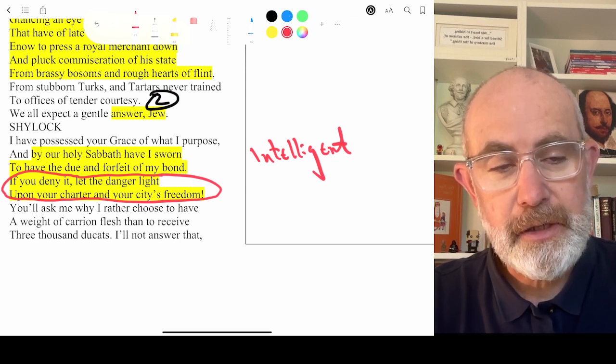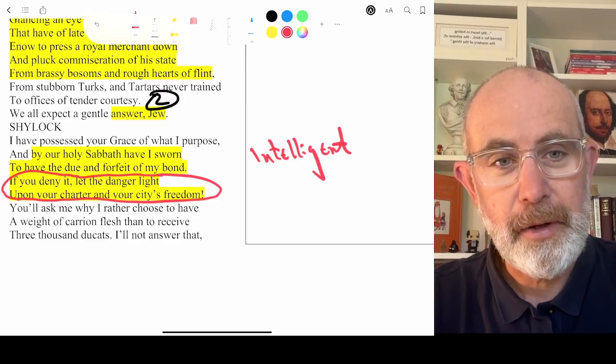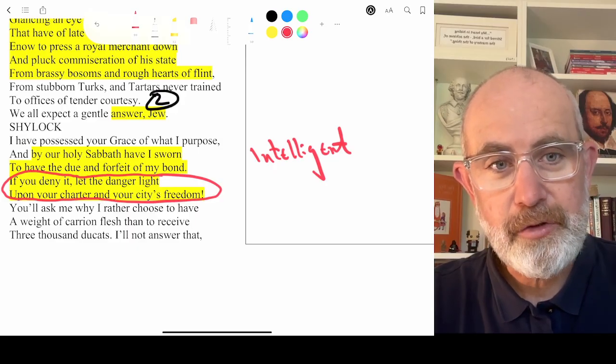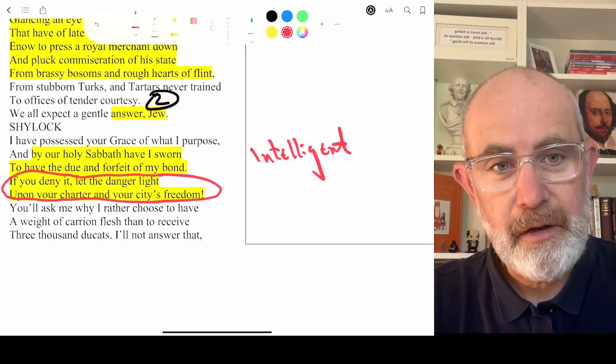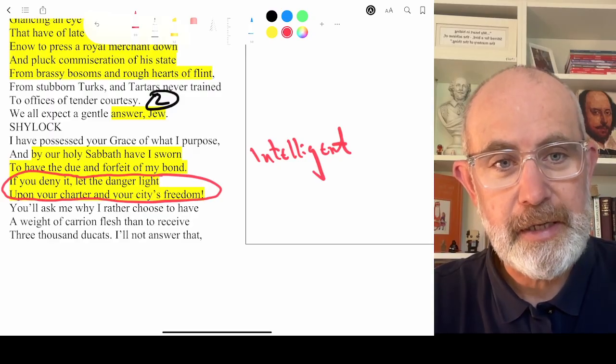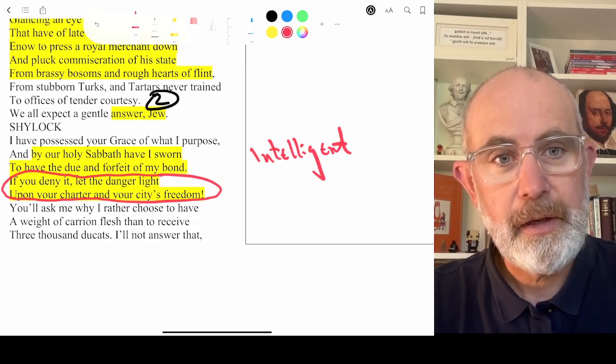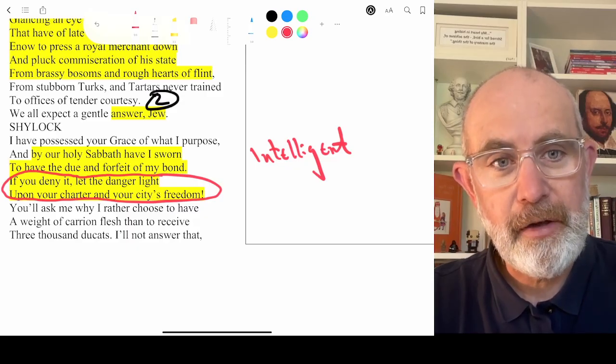And if Venice loses its reputation as a place of law where contracts are binding, well, then Venice loses its trade. Venice exists as a trading state. It relies entirely on its reputation as a place where business is done in a legal way which can be relied upon.